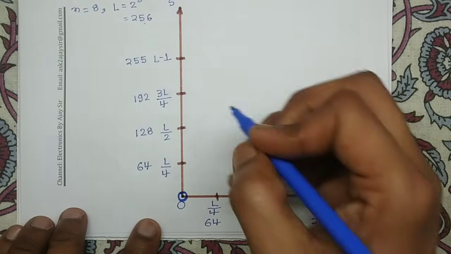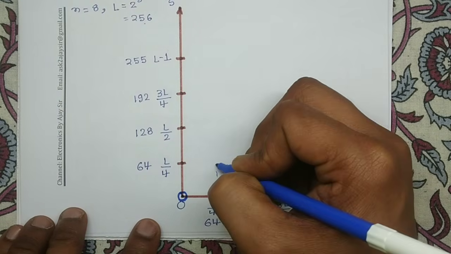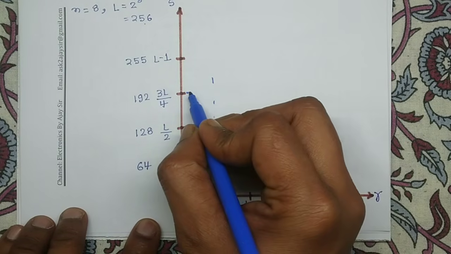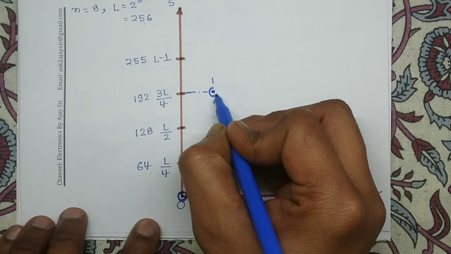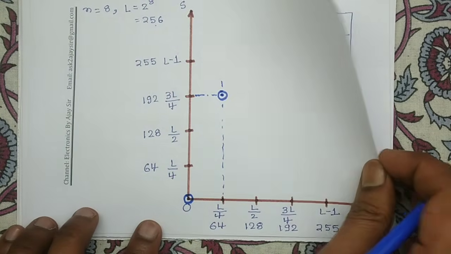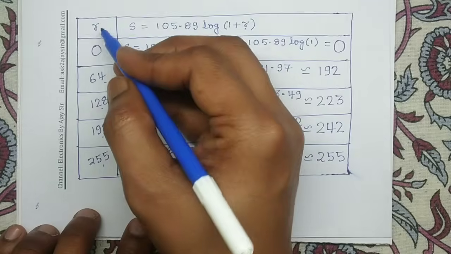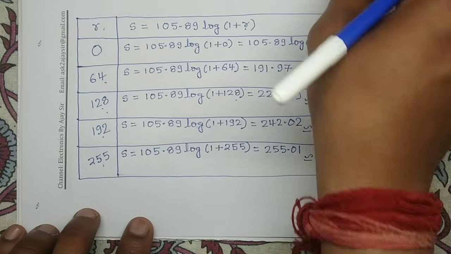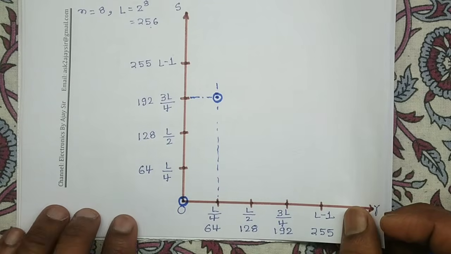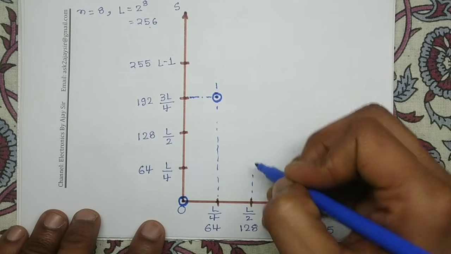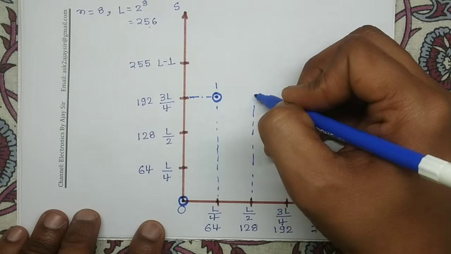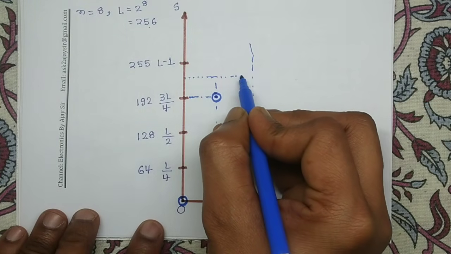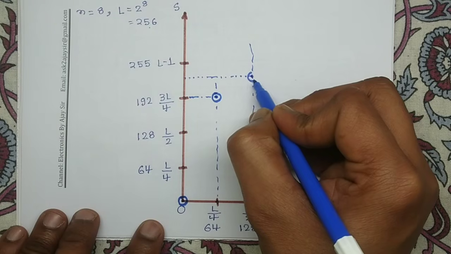When R equals 64, S equals 192, tentatively represent this point. Next, when R equals 128, S equals 223. When R equals 128, S equals 223, tentatively represent this point.